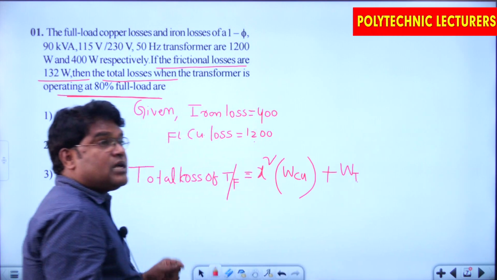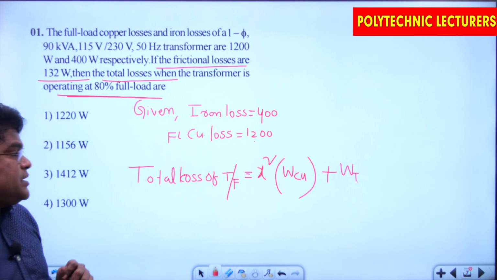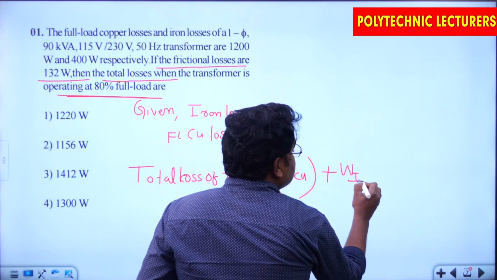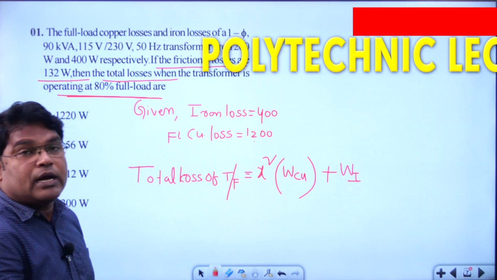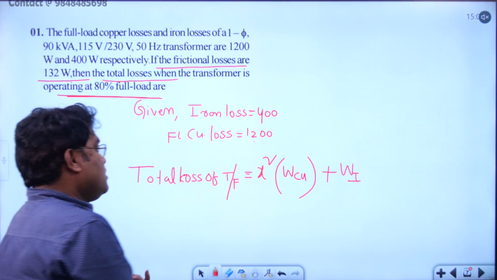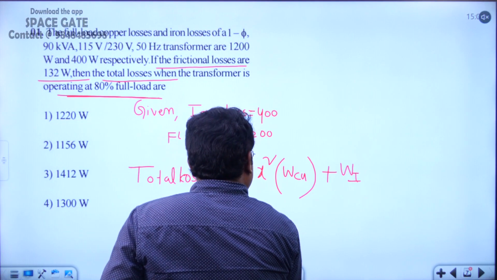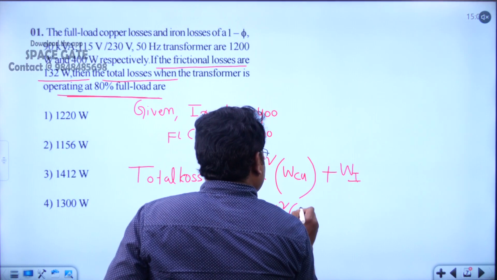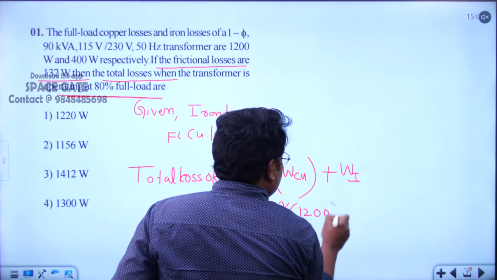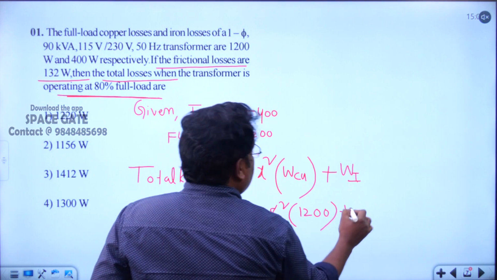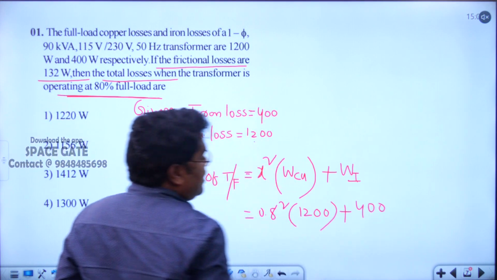Copper loss depends on the load current or load variation, whereas iron loss is independent of the load current or load variation. Where x square is 0.8 square, the full load copper losses are 1200, plus iron losses of 400 watts.